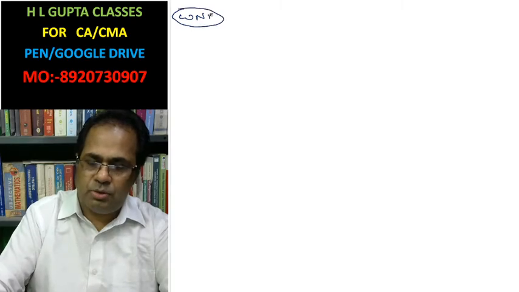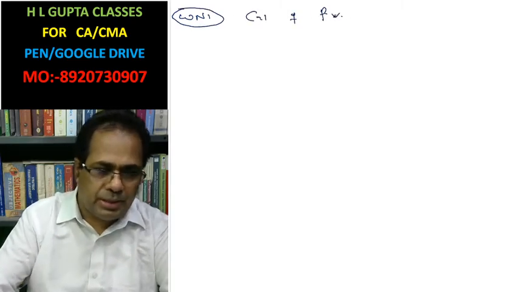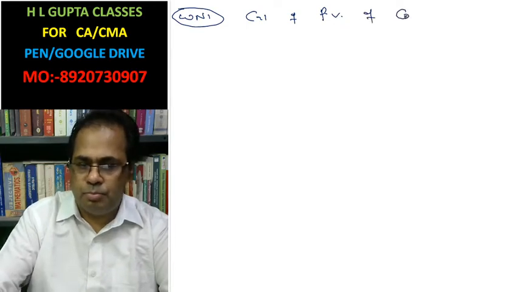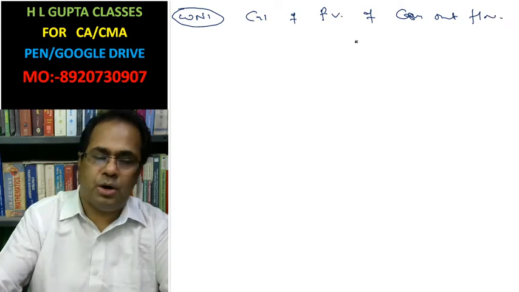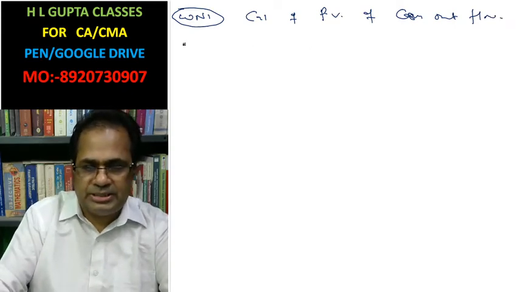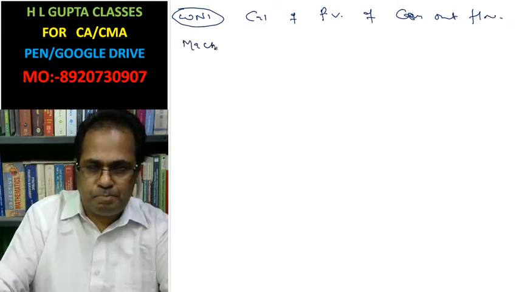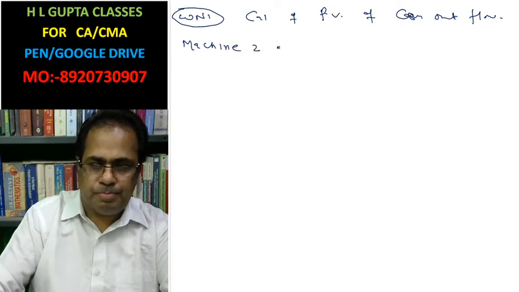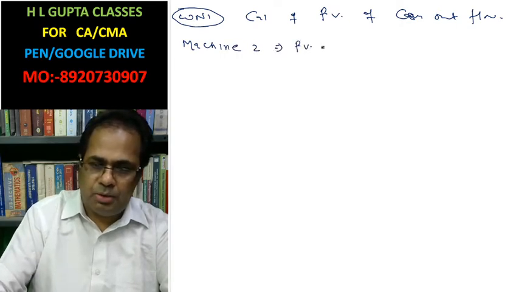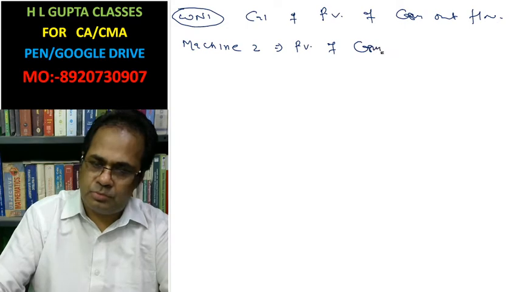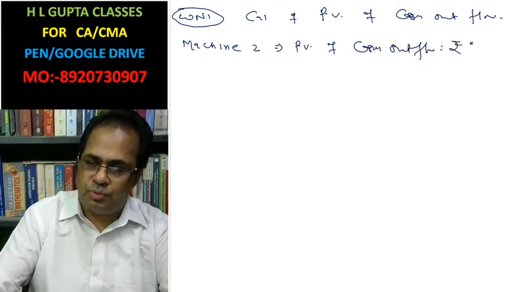Calculation of present value of cash outflow. Machine Z: present value of cash outflow is rupees 1,10,000.